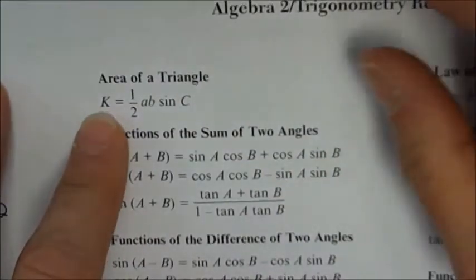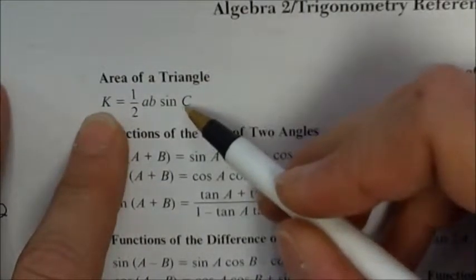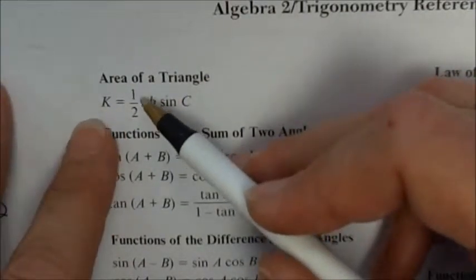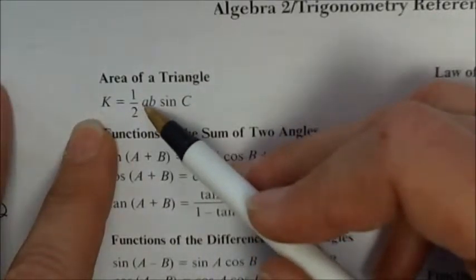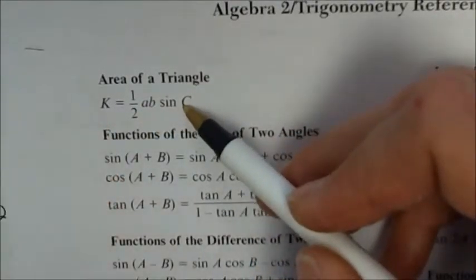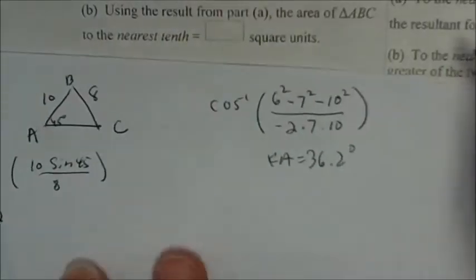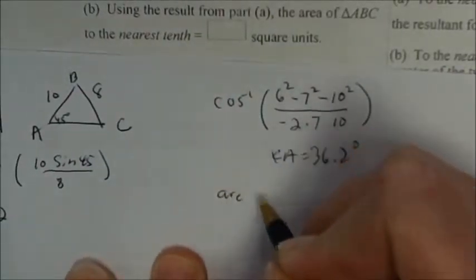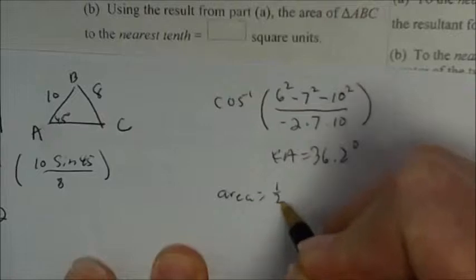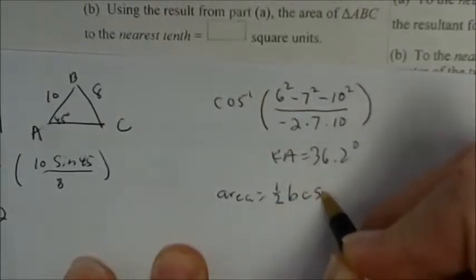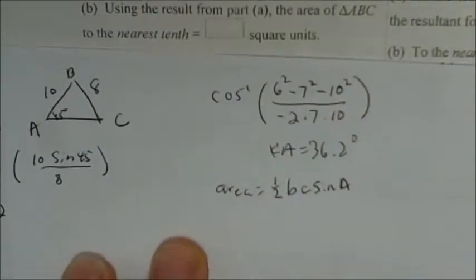And for this question number 2, because we know angle A, we're going to use the area of a triangle as 1/2 times b times c times the sine of A, because that's the information we know. So area is 1/2 times b times c times the sine of big A.